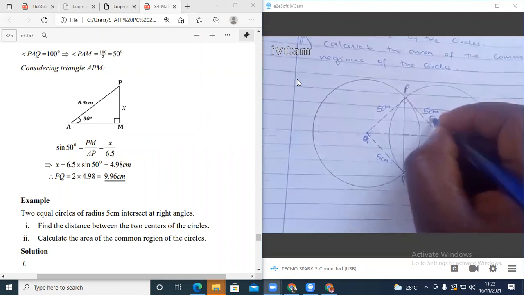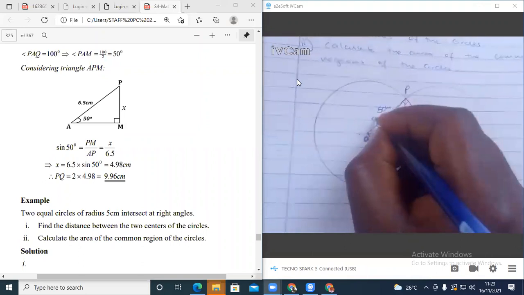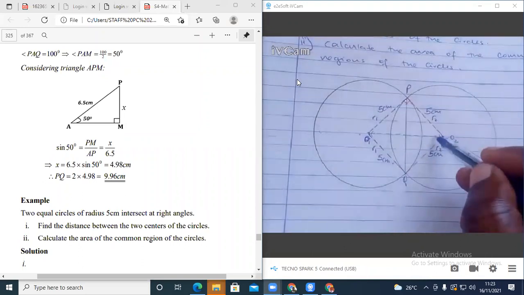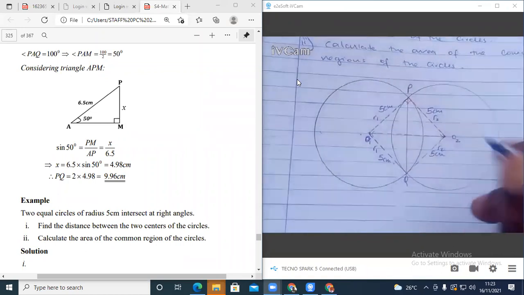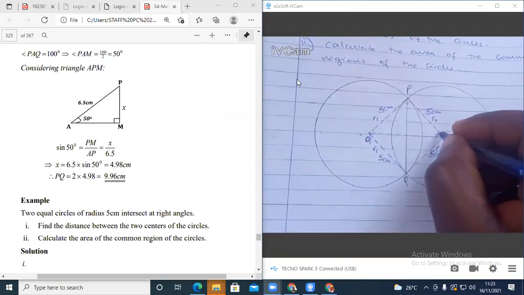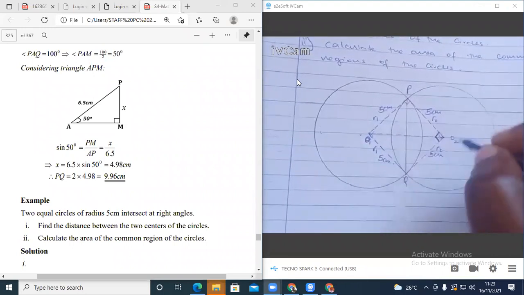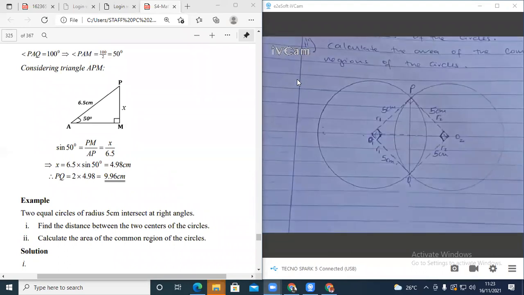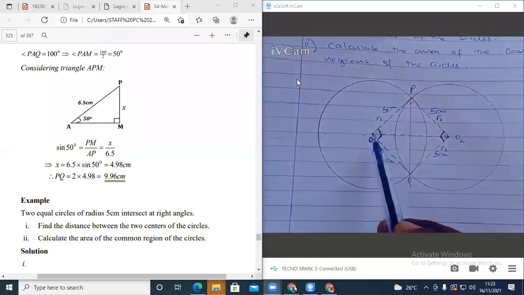This is R2, this is R2, this is R1, this is R1. So the angle between R2 and R2 is 90 degrees, isn't it? So here it is 90 degrees, and also here it is 90 degrees.